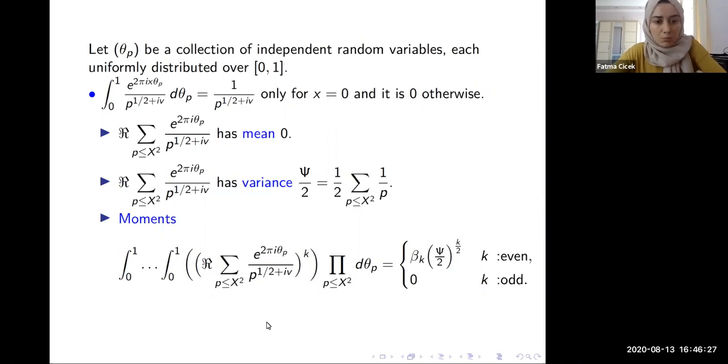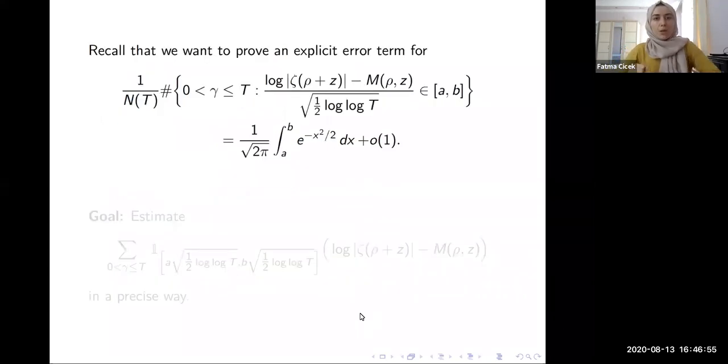When we compute moments again, we find that the moments match the moments of a standard Gaussian with mean 0 and variance C over 2. So this is a perfect situation for us. The behavior of these random variables describes the asymptotic behavior of the real part of the logarithm of the zeta function. So this is a purported model for the behavior.